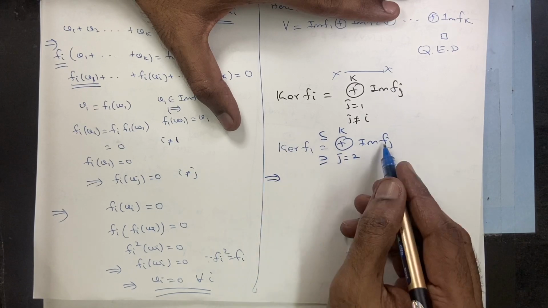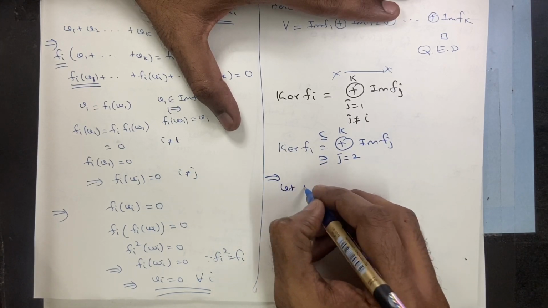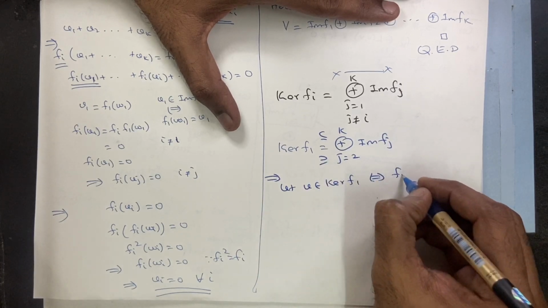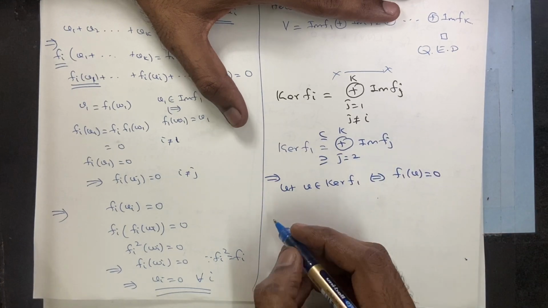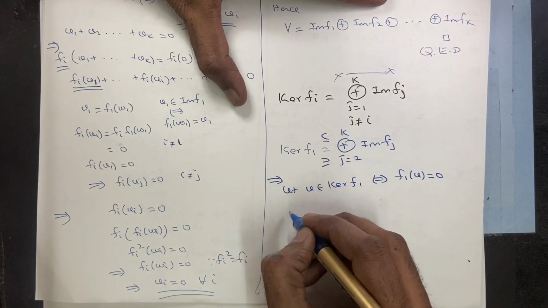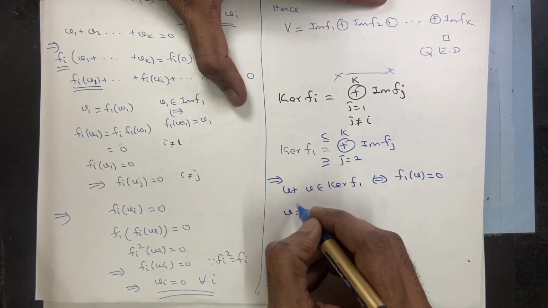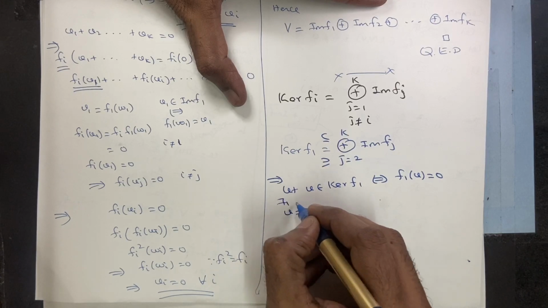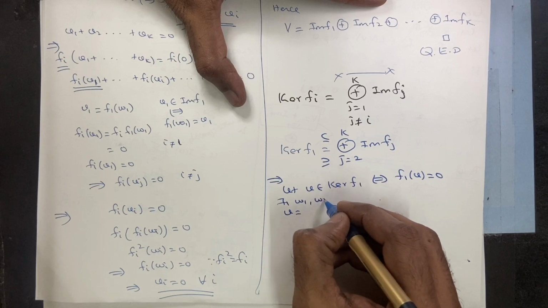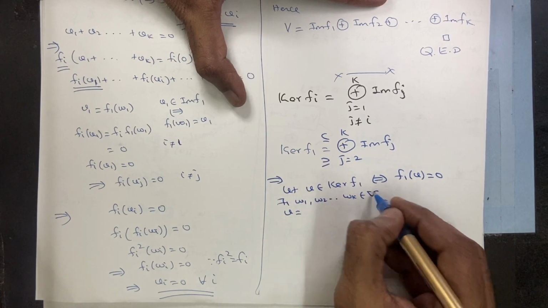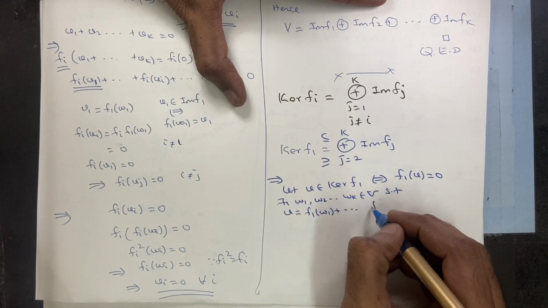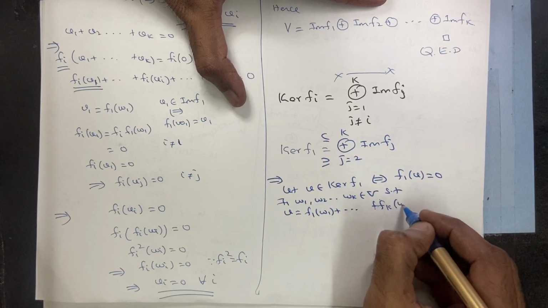We take an arbitrary element here and prove that it belongs to the right side. So let v belong to the kernel of f1. That means f1 of v is 0. Now we have proved that V is the direct sum of these images. Therefore v can be written as follows: there exist w1, w2, up to wk belonging to V such that v is f1 of w1 plus etc. up to fk of wk.